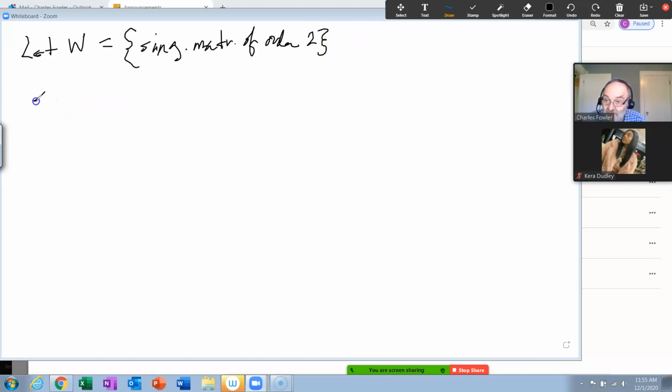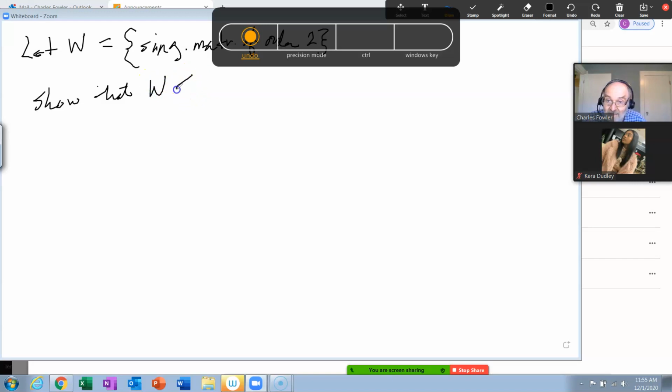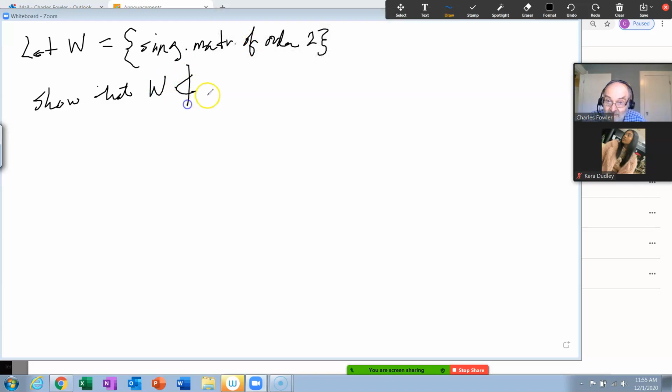Show that W is not a subspace of M22. That's all your 2x2 matrices when you're using the standard operations.